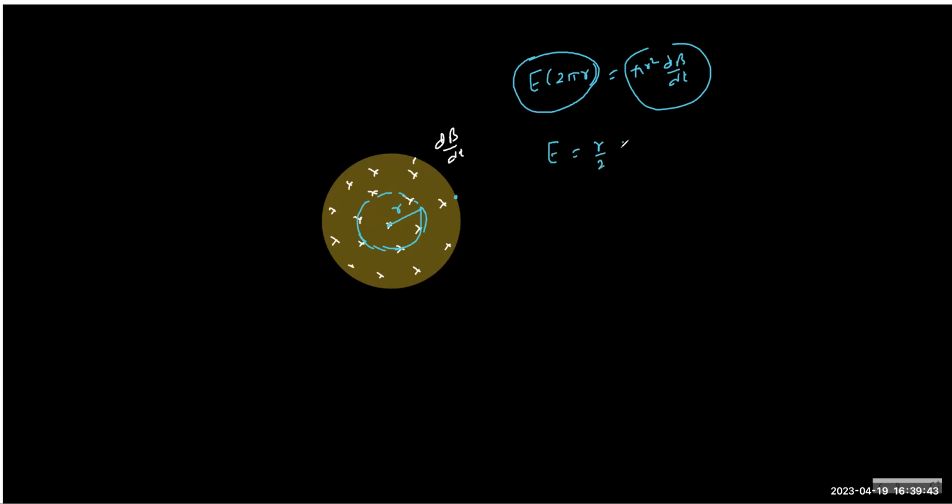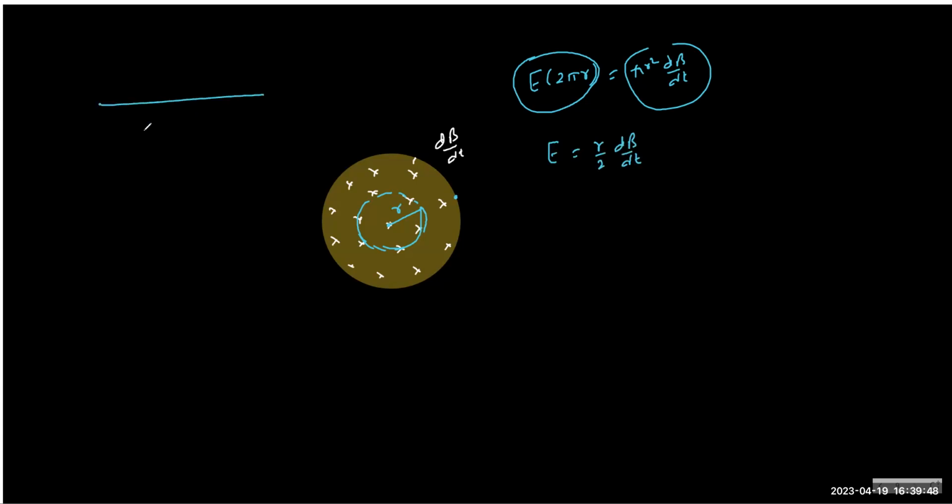At a distance r, what is the electric field? We write E into 2 pi r, which is the EMF, equals pi r square dB by dt. This is Faraday's law. We are trying to find it near the boundary only, because the charge is here only. So E becomes r by 2 dB by dt.